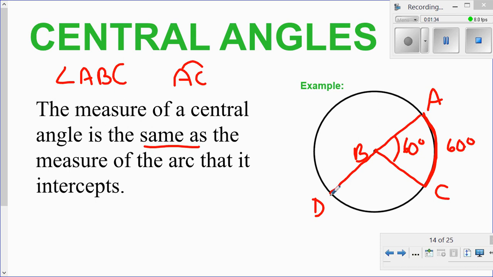The angle measure of a line is 180 degrees, so arc AD also has a measure of 180 degrees, because arc AD is the intercepted arc from line segment AD, which is the diameter of the circle. That's how the measure of central angles works.